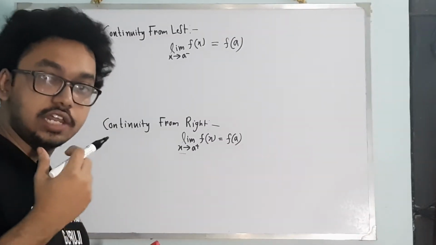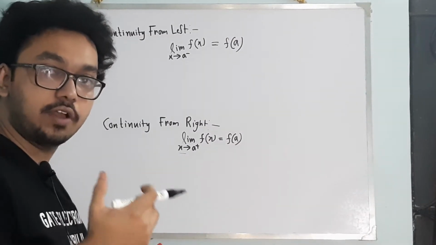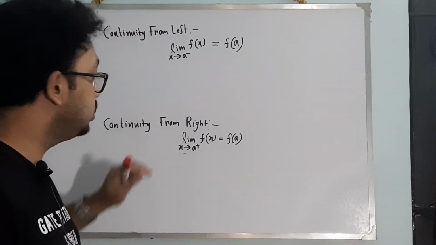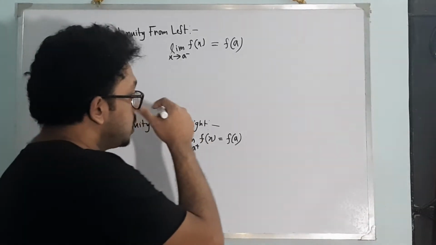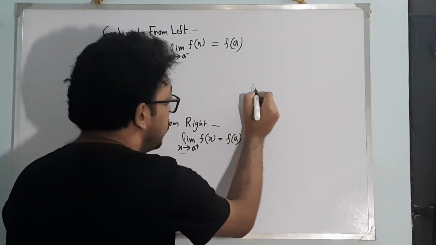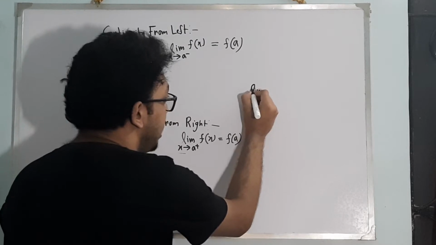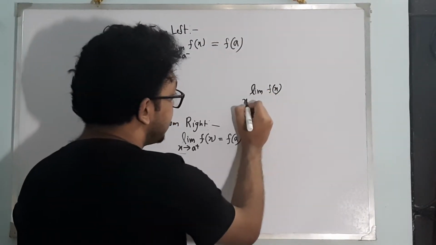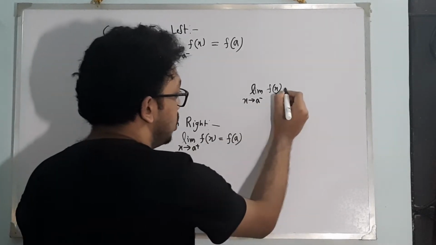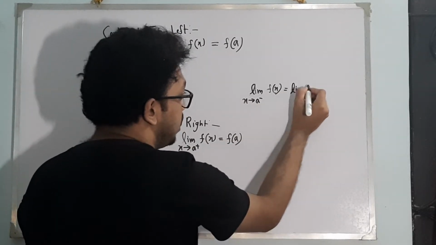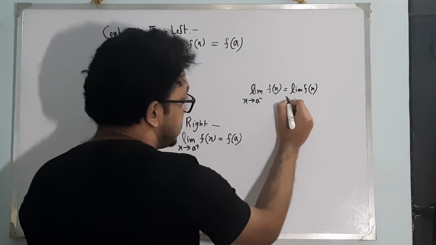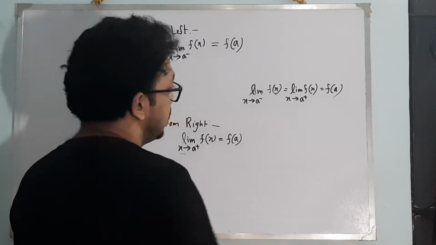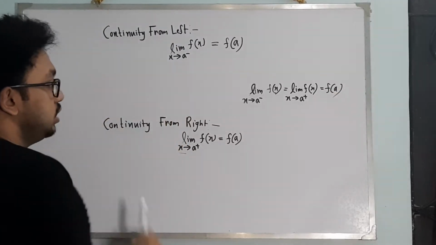So for such a function, I can write that limit of f(x) as x tends to a minus should be the same as limit of f(x) as x tends to a plus, equal to f of a. I am simply taking the union of both these conditions.